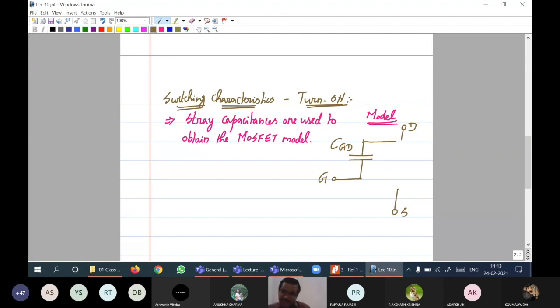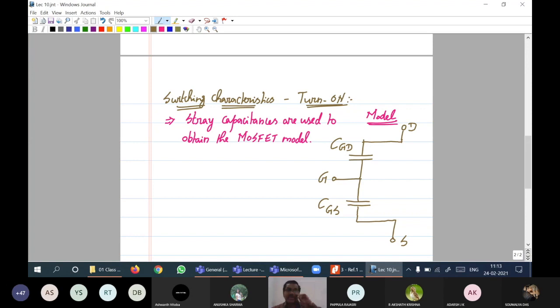Right? Between gate and source, you will have another capacitance which we will call CGS. And for convenience, I'll draw this below. So this is the source terminal. These are the two main capacitances.